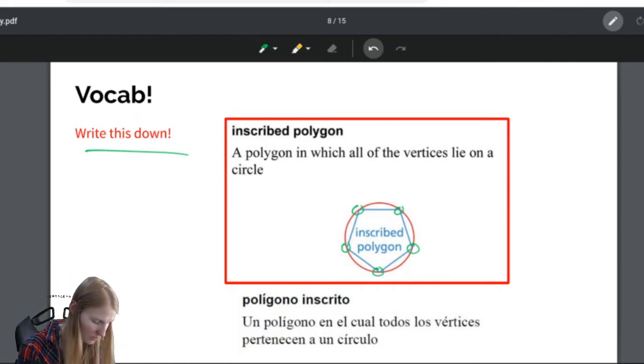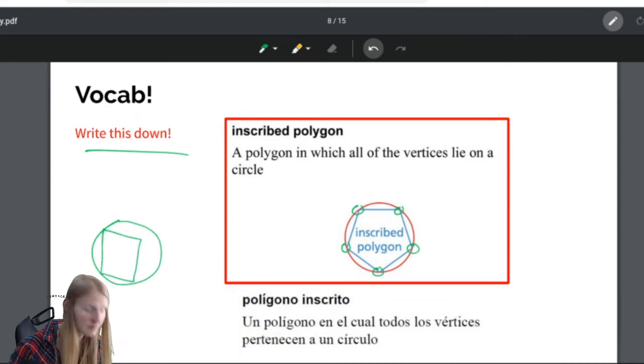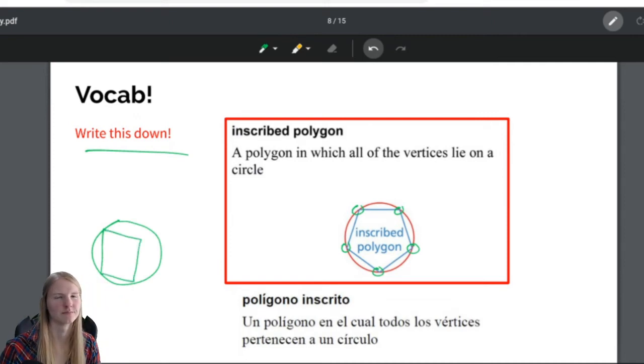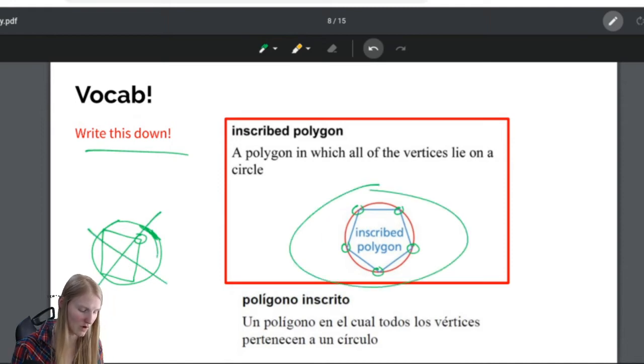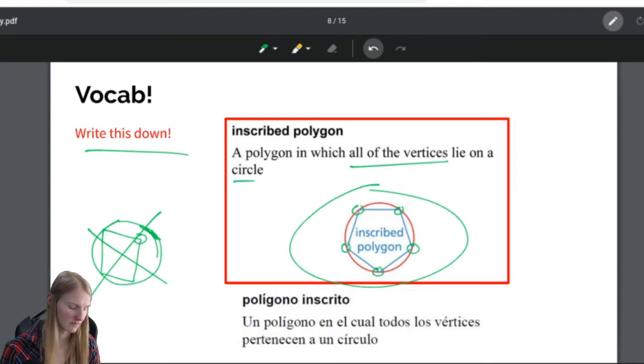If you have something like this, that's not inscribed, because this corner is not on the outside of the circle. This is inscribed. All of the vertices lie on the circle. So this is inscribed. This is not.